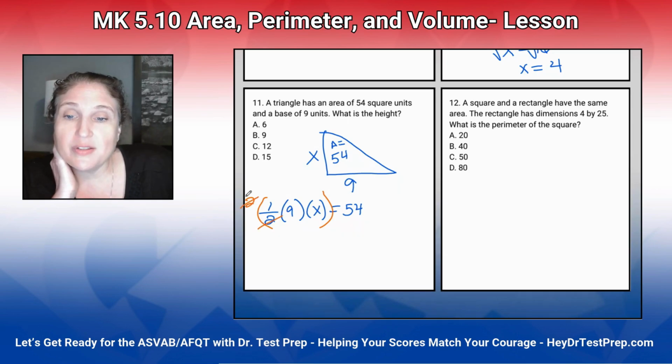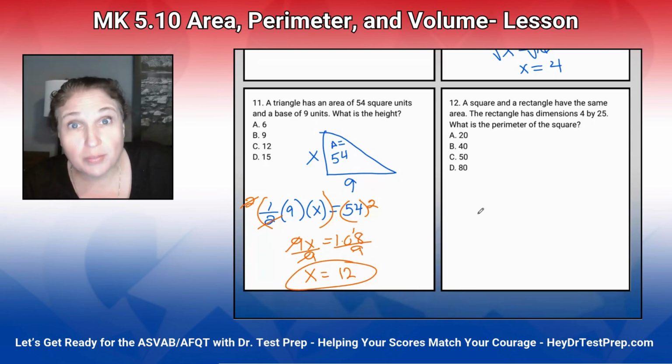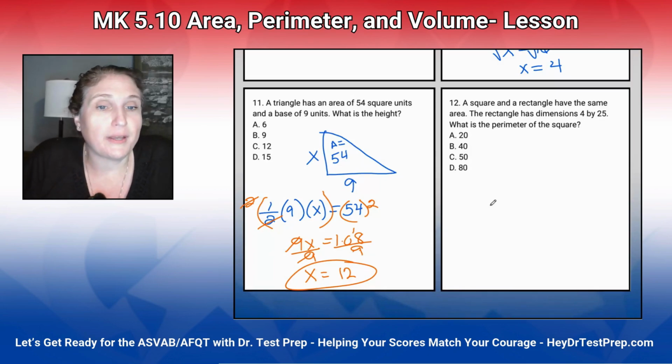Because all these are multiplied together, I don't have to multiply each one of these numbers by 2. I just multiply the whole thing. But whatever I do to one side, I have to do to the other. Now I can just simply divide both sides by 9. 9 goes into 108 twelve times, or if you've been doing your multiplication facts, you know that.